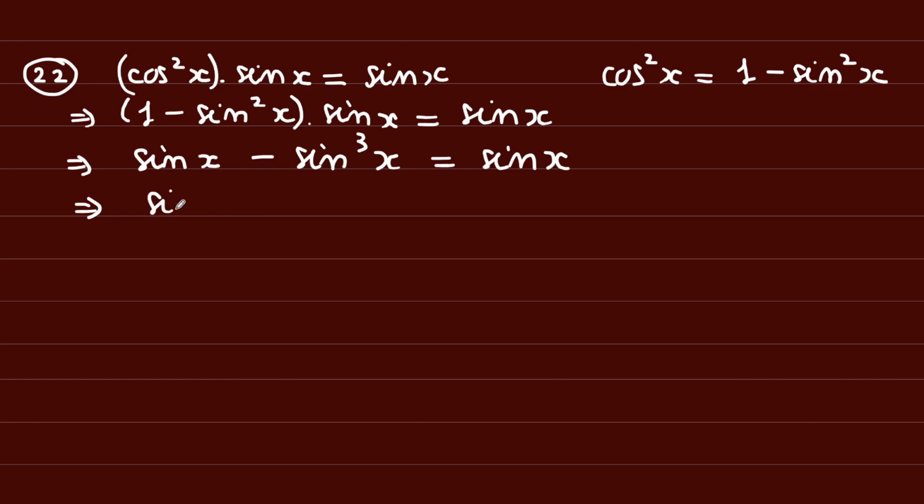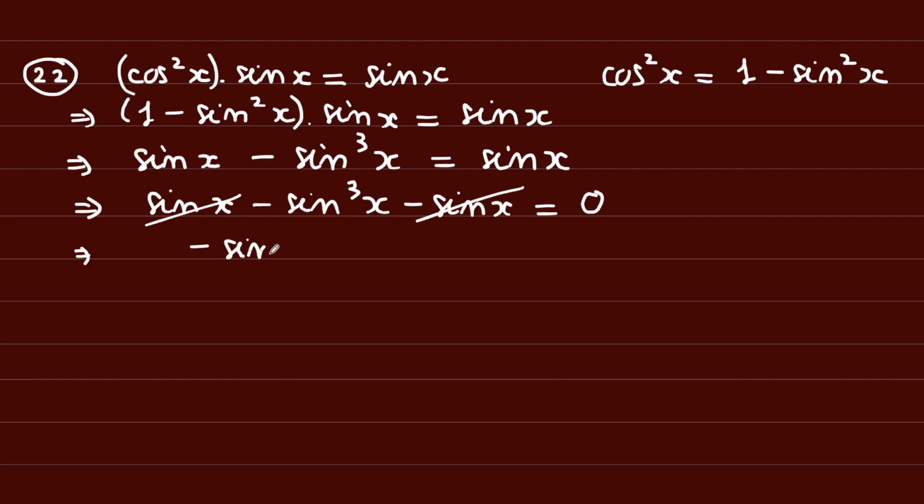After that, the left hand side and the right hand side, we have the expression in terms of h. Moving sine h from right hand side to left hand side using the transposing method, you got here minus sine h, and sine h minus sine h equal to 0. And once again, you got the expression in terms of sine h only, minus sine cube h equal to 0.